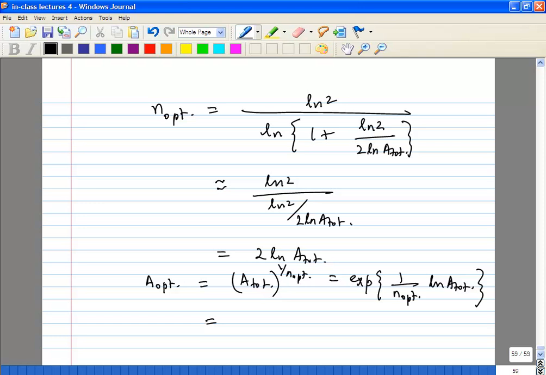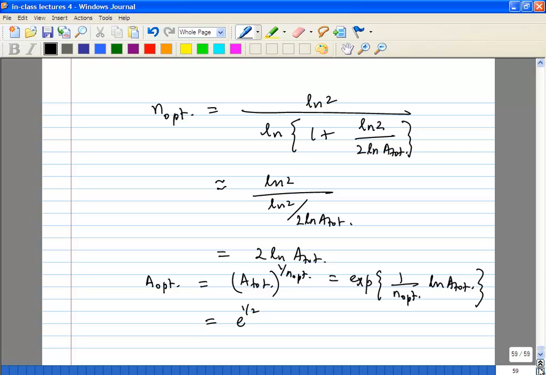What is ln A tot over n naught? Is nothing but half. So you're just going to put this equation in here. So your actual optimum gain per stage for a very large number of stages is actually root e.